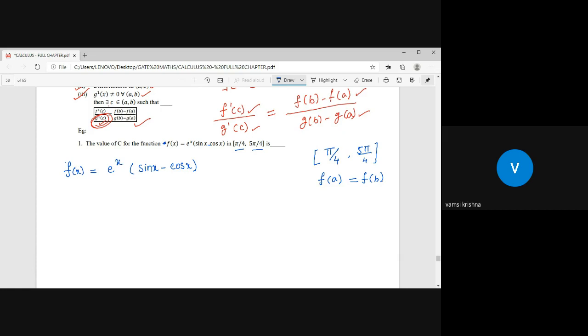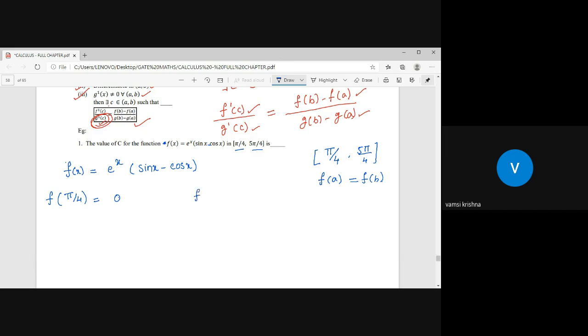Now let's see this f of pi by 4, f of a. So let us find out f of pi by 4. If I take pi by 4, that is 45 degrees, so here I have sin 45 minus cos 45, it becomes 0. 1 by root 2 minus 1 by root 2, 0.